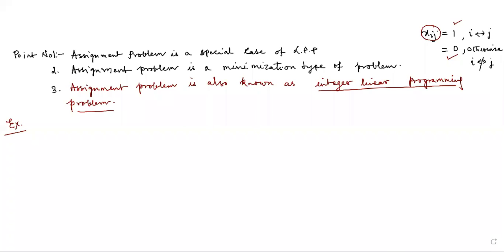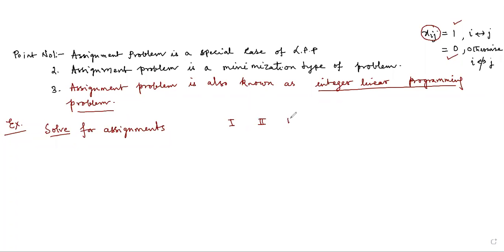I'm copying it from one of my PDF files. I'm not sharing the PDF file with you because in that case I have to stop sharing the whiteboard. So the matrix goes like this. We are to find the optimal assignments, where the matrix is given as follows.